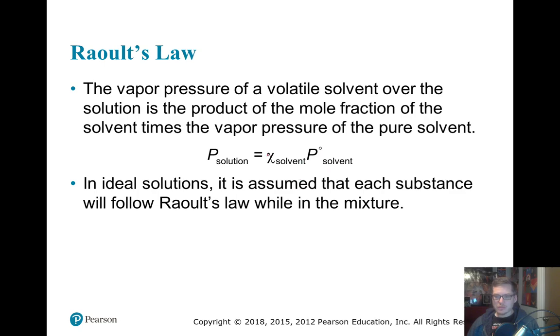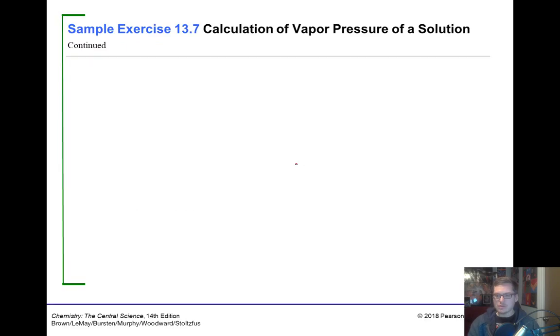So the vapor pressure of a volatile solvent over the solution is the product of the mole fraction of the solvent times the vapor pressure of the pure solvent. An ideal solution is a solution that obeys all of the simple rules that we've established. It is assumed that each substance will follow Raoult's law while in the mixture. So pressure of the solution equals mole fraction times the pressure of the pure solvent.